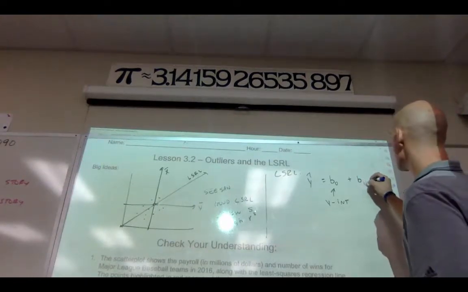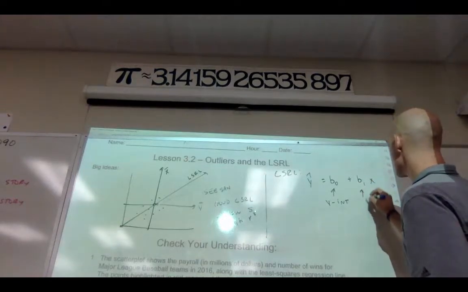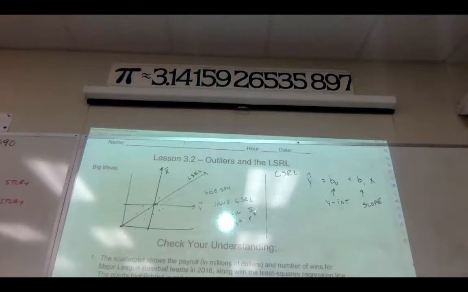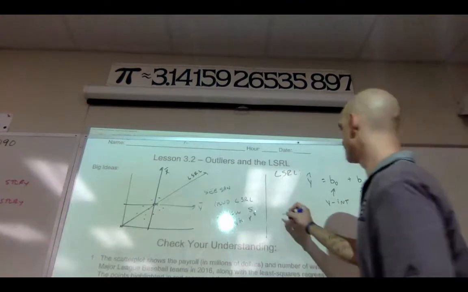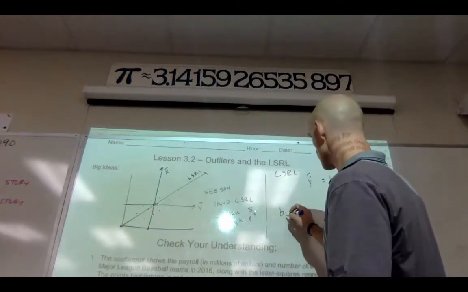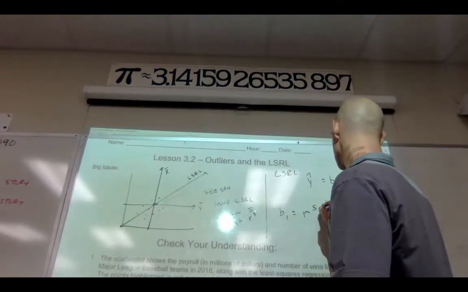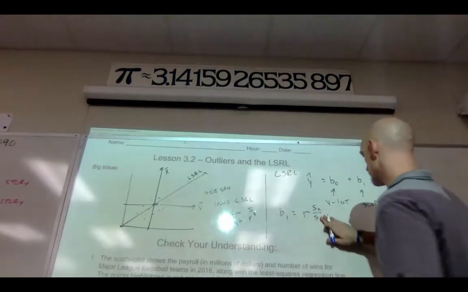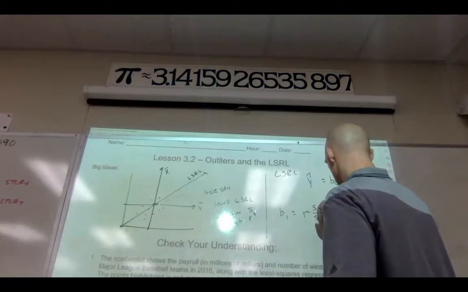Plus B sub 1 times x. B sub 1 is my slope. Rise over run.